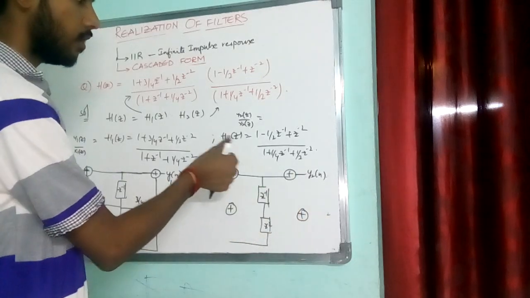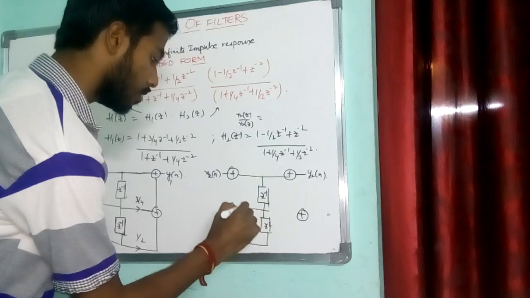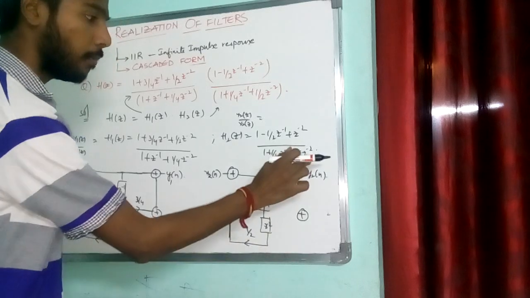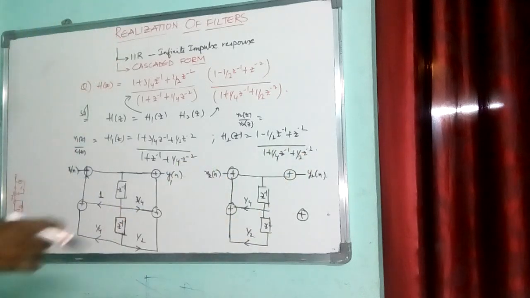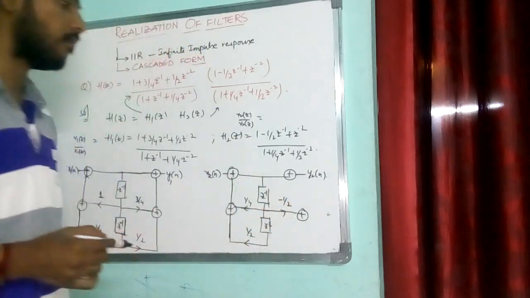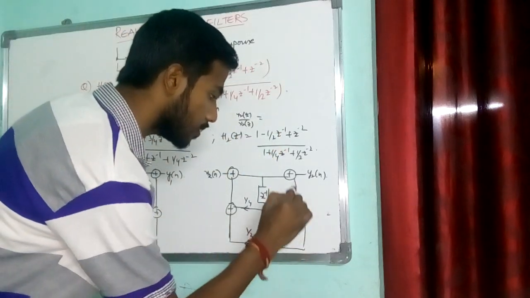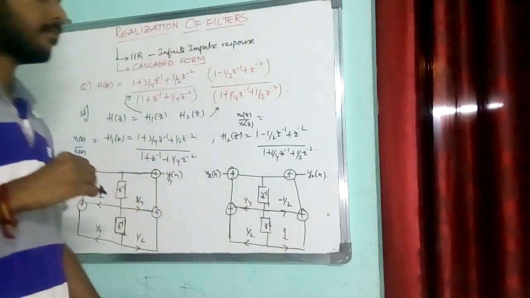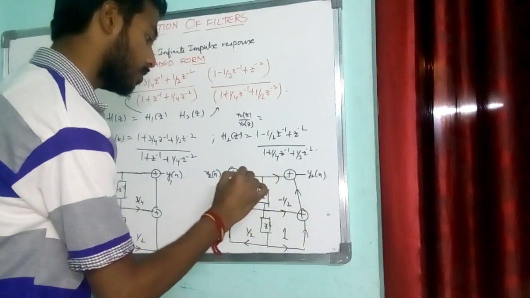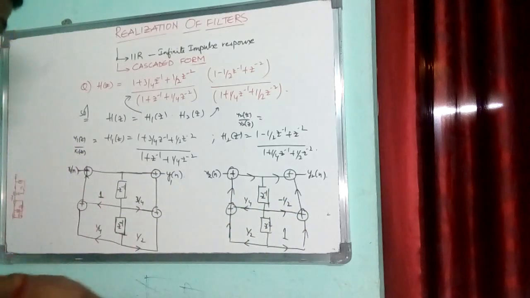Now y2 of n plus 1 by 4 z inverse, so it is 1 by 4. Next coefficient is 1 by 2 here, both should be added. Similarly, my x2 of n, this is my minus half, x2 of n into half into z inverse. Last thing is 1, right? This is my x2 of n, this is my y2 of n.